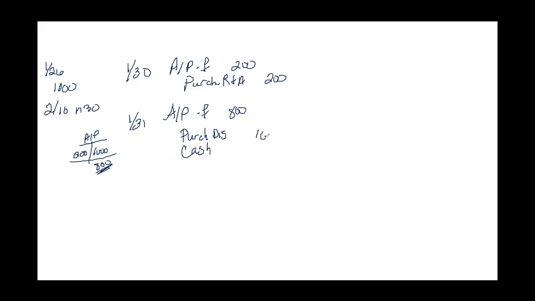So we've got $16 there, and that would be what, 788? No, 780. Okay, see, math in my head is not good. 800 minus 16, 784. That's it, right?